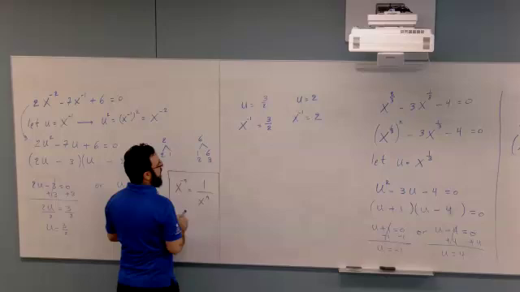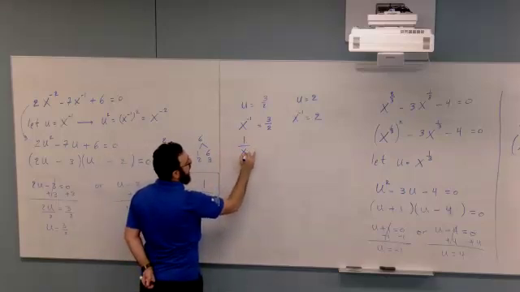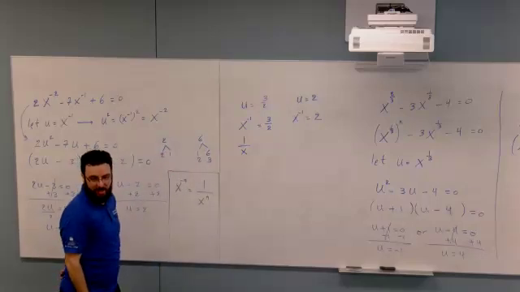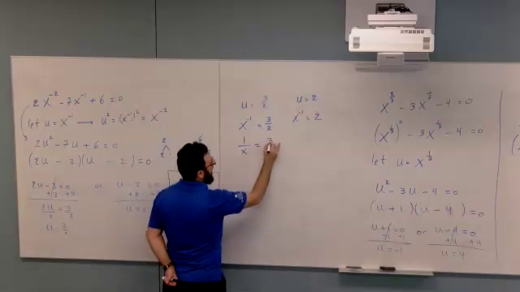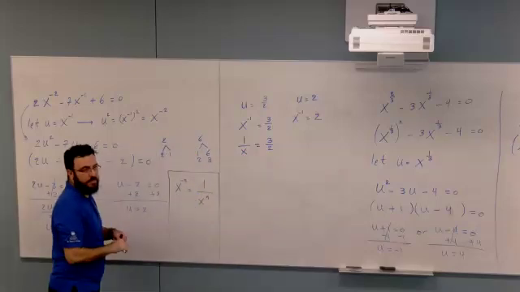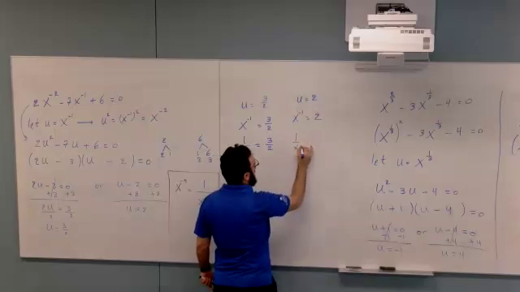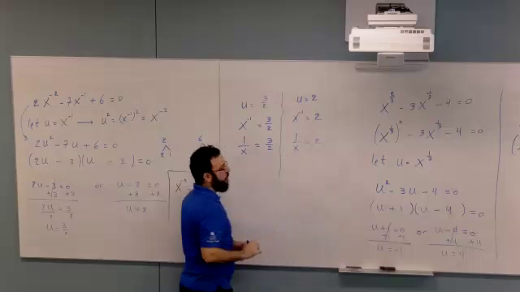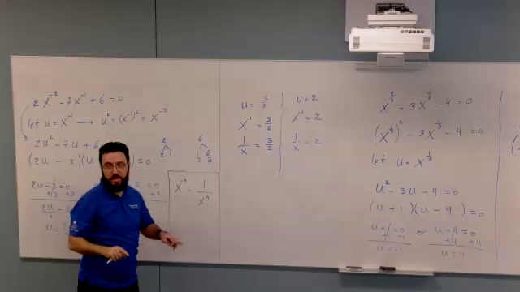Can I use this one here? So this one, x to the negative 1, can I write it down as 1 over x? Okay? So that one equals 3 over 2. Now, how are we going to find the value of x? We'll do the same thing here. This is 1 over x equal to 2. How? Multiply both sides by x? Let's make it easier.